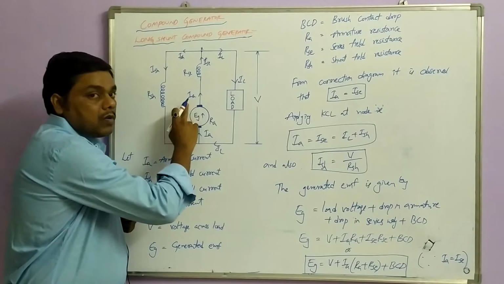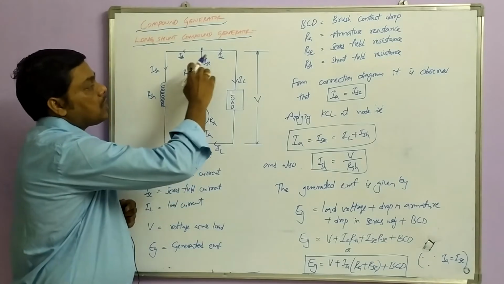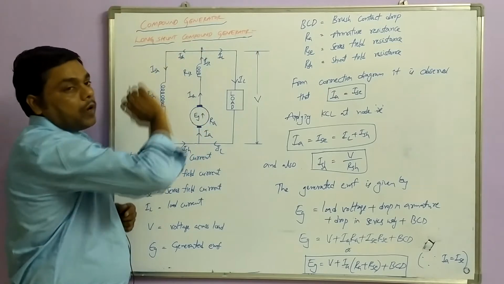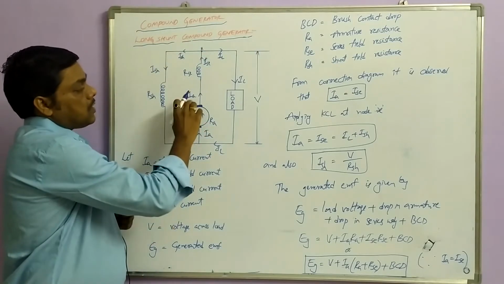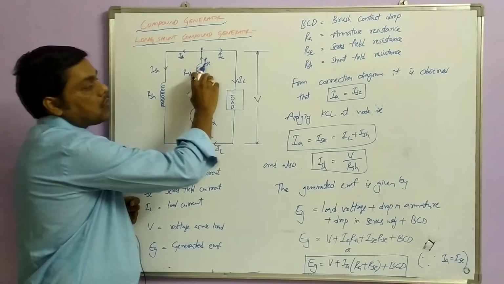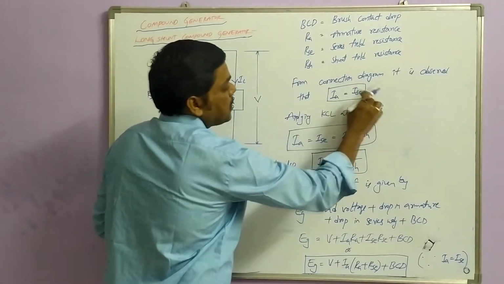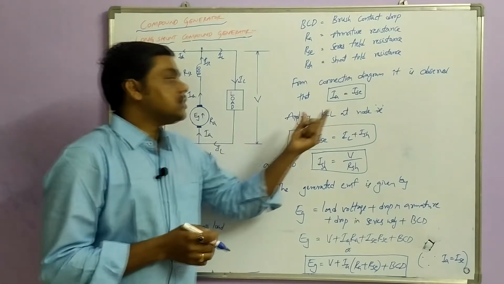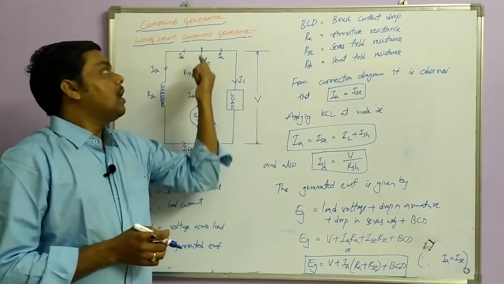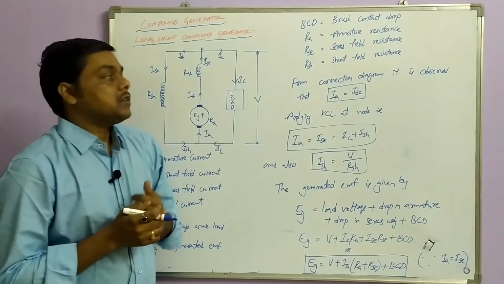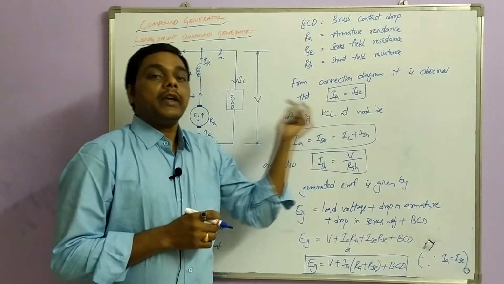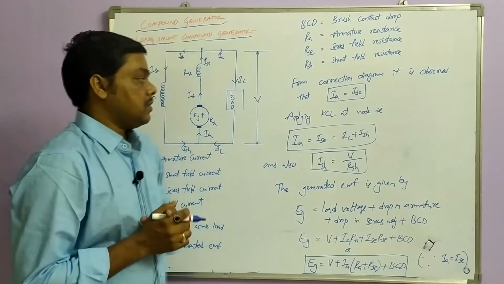The same current flows up to node X. Since IA and ISC are the same, we can give the relation IA equal to ISC. This is the basic relation in a long shunt compound generator: series current equals armature current, like a series generator.